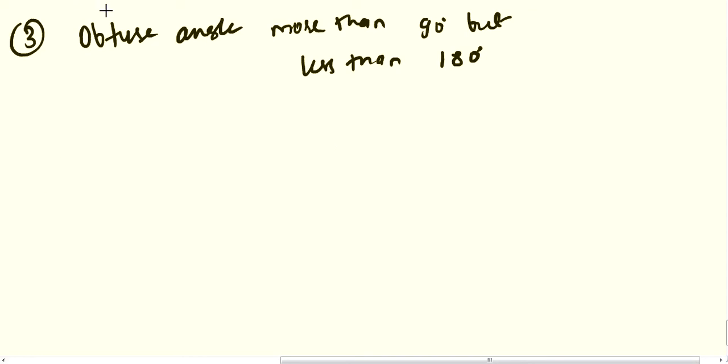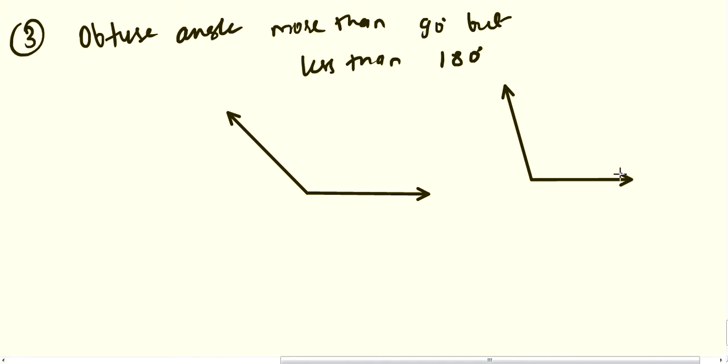So here are some diagrams. For example, this one is 110 degree and this angle is 140 degree. So these are obtuse angles.